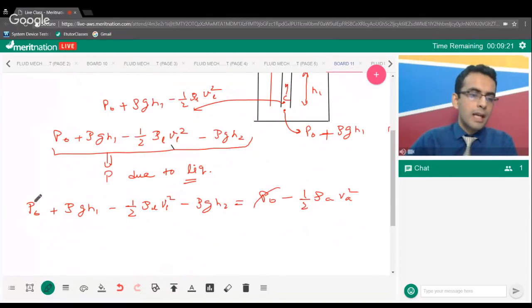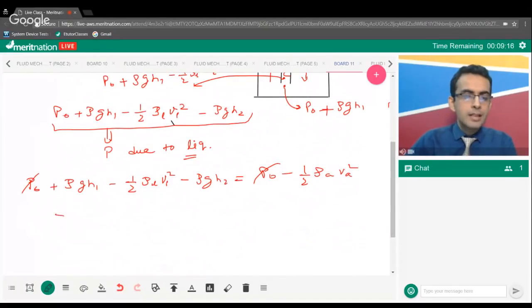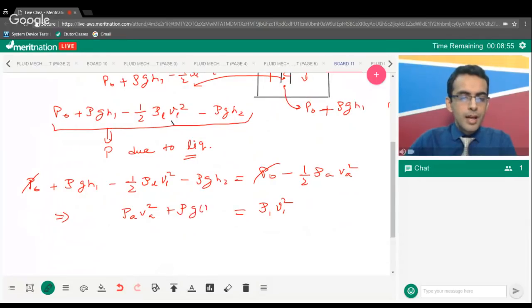So P naught and P naught can be cancelled. So students, from here you can see that rho L VL square is equal to rho A VA square plus rho G times H1 minus H2.